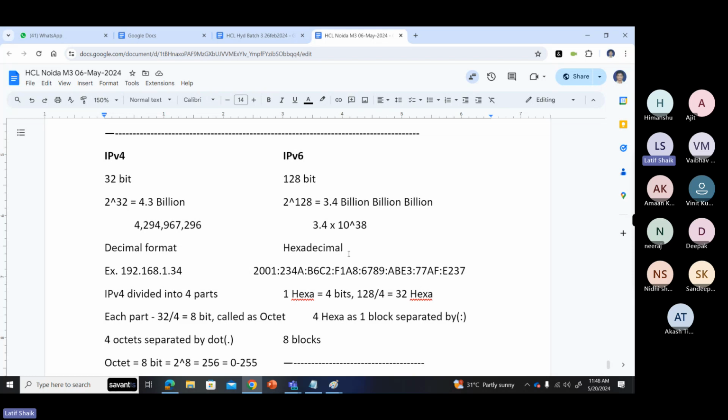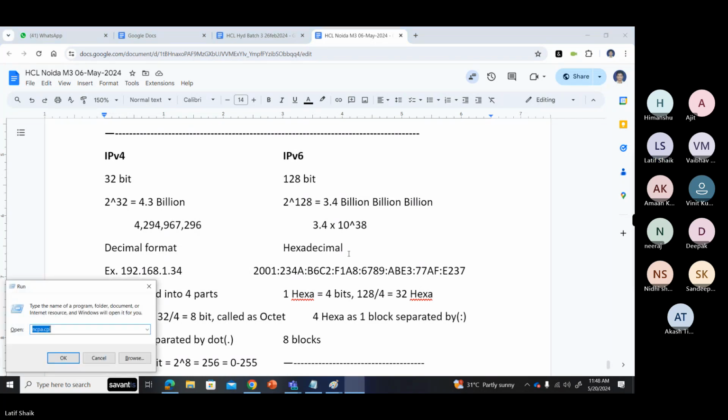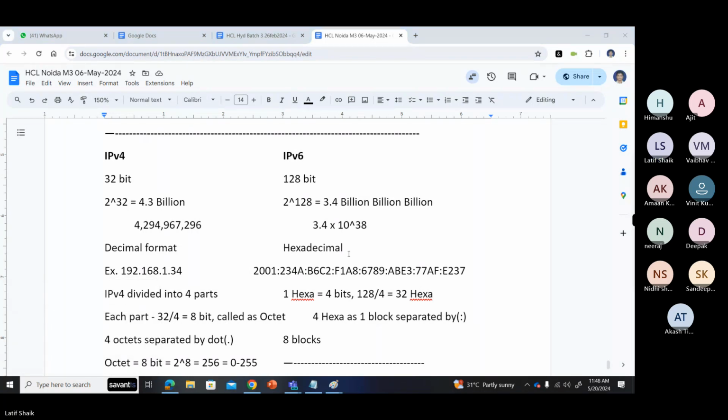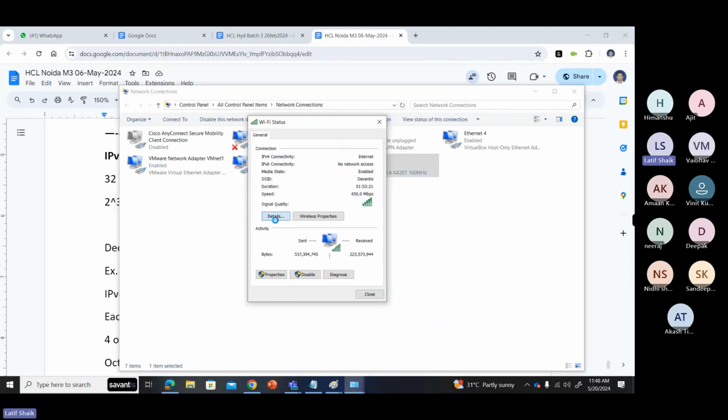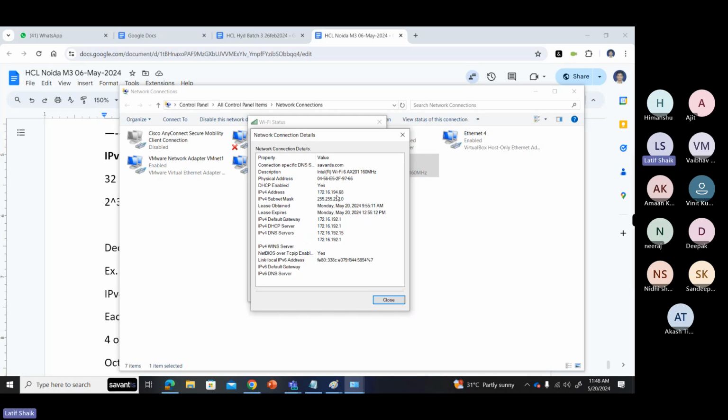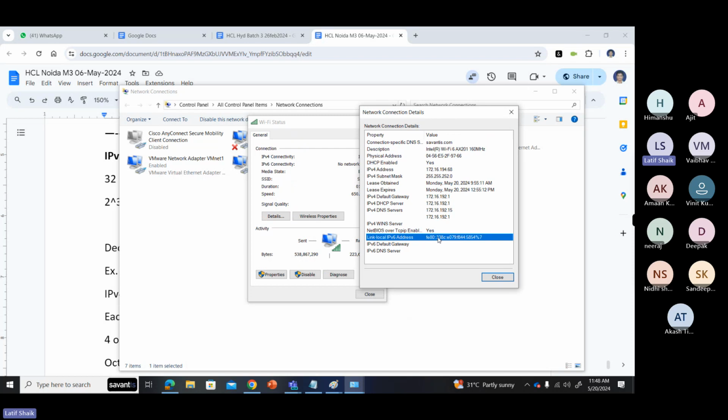But with IPv6, there is a link local IP address. What is this link local IP address? The system itself assigns an IP address in the IPv6 format. It assigns its own IP address. Somewhere it shows like this: link local IPv6. Using this address also we can communicate within the LAN.